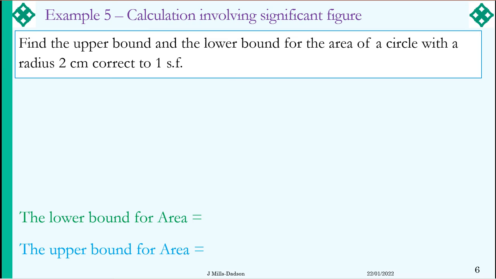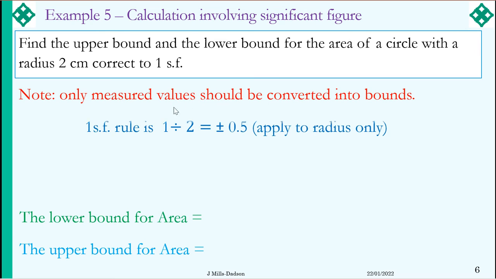If a number is a constant, you don't create bounds for it. You only create bounds for measured numbers. So here, we're supposed to work out the area of a circle. Now, area of a circle is pi r squared, and it's only the radius that is measured. So it's only the radius that we will apply the bounds rule.